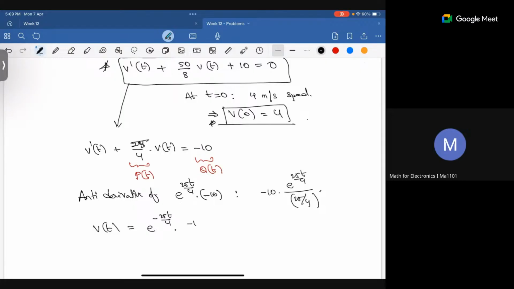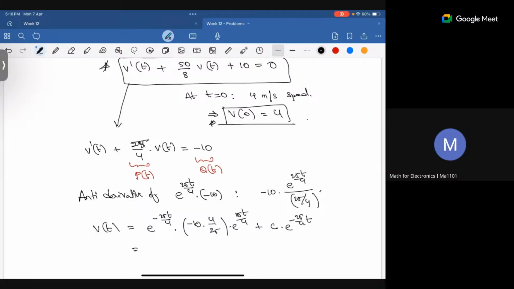This will be minus 10 into 4 by 25 into e power 25t by 4, plus c into e power minus pt.